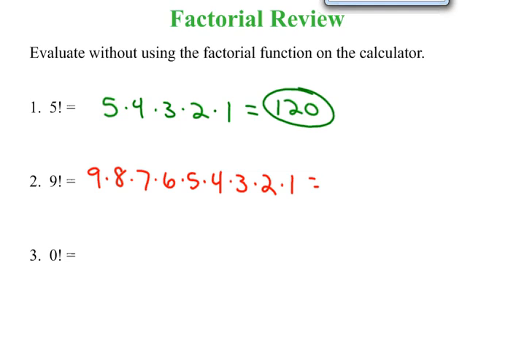So if you have a TI-84, if you hit the math button on the left side and you go over to PROB, for probability, it's number 4. You see the exclamation point, which is the factorial. You can go to your home screen on your calculator, type in 9, and then go to that factorial function. End up with our answer, 362,880.